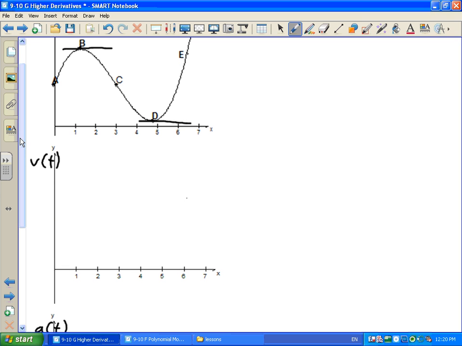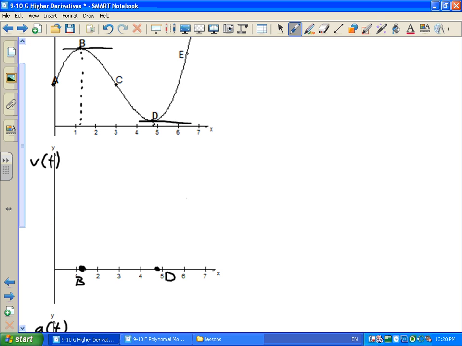So if we go down to our velocity graph, let's put a little dotted line here. A little bit past 1 on our velocity graph, our velocity has to be 0 right there. That's point B. And same thing over here, just a little bit before 5 is going to be another point, point D, where our velocity has to be 0.